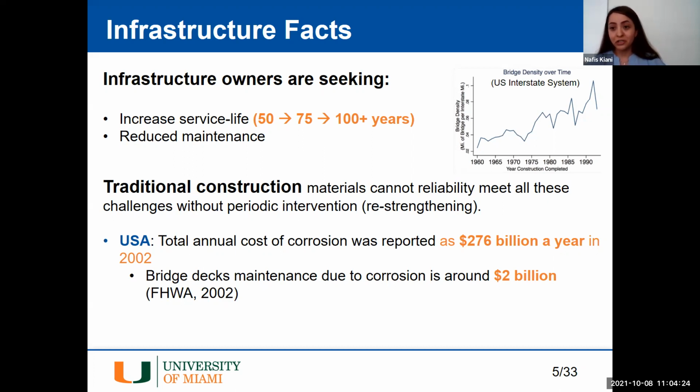The concrete structures need to be repaired, need periodic monitoring, and the cost is a lot. In the US, the total annual cost of corrosion was reported as $276 billion a year in 2002, based on the infrastructure report. And the bridge deck maintenance due to corrosion is around $2 billion according to the FHWA reports. It's a big number.